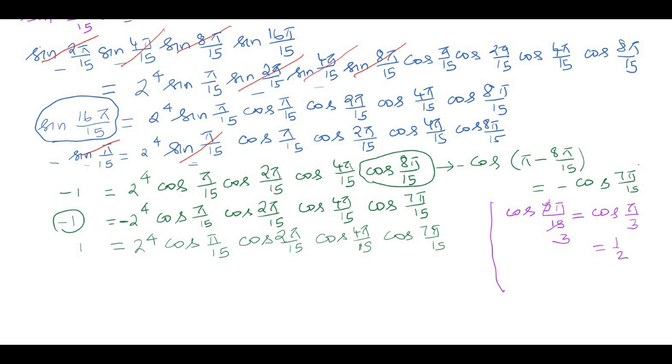Therefore, what we can do here, you can multiply cos 5 pi by 15. That means you are multiplying by half. So divide by half means multiply by 2. Therefore, you have to multiply this by 2.